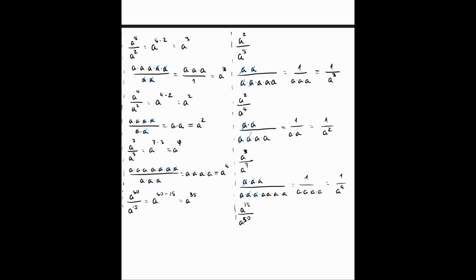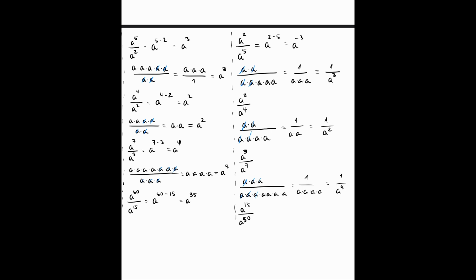Would this still hold true in this case? Well, if we did that, we would have a to the power of 2 minus 5, which is a to the negative 3. Well, that's a negative number. In fact, specifically, that's a negative exponent. That is a bit weird.